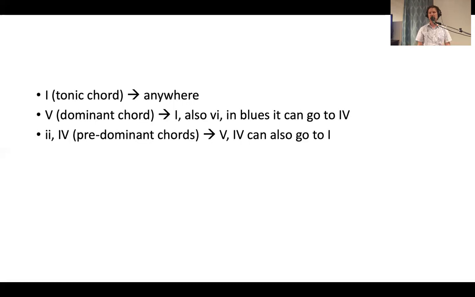We see that happening in the 12-bar blues pattern that I talked about earlier. 5 goes to 4, 4 goes to 1. It's acceptable. It's not crazy in pop music for 4 to go to 1. 5 to 1 is kind of a stronger progression, because 5 has this stronger push to 1, but 4 going to 1 is acceptable in pop as well.